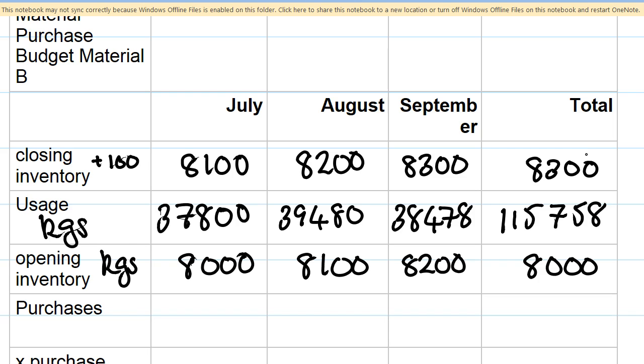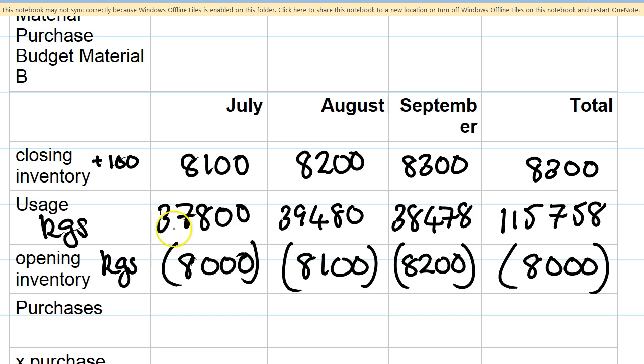We can now calculate our purchases just as we've done so many times before. We're not going to need to purchase our opening inventory. We already have it.